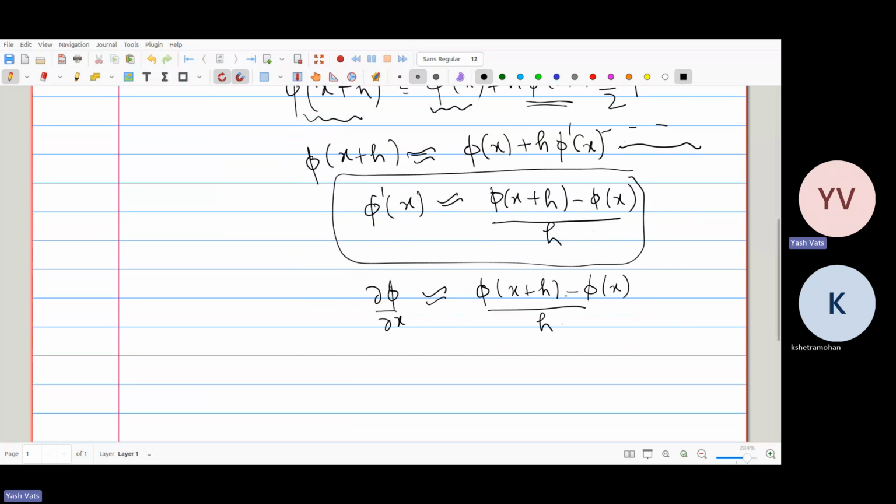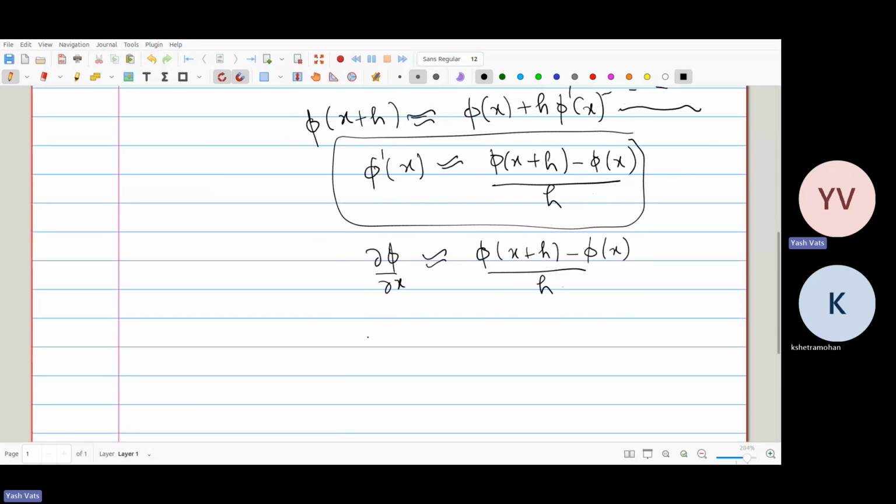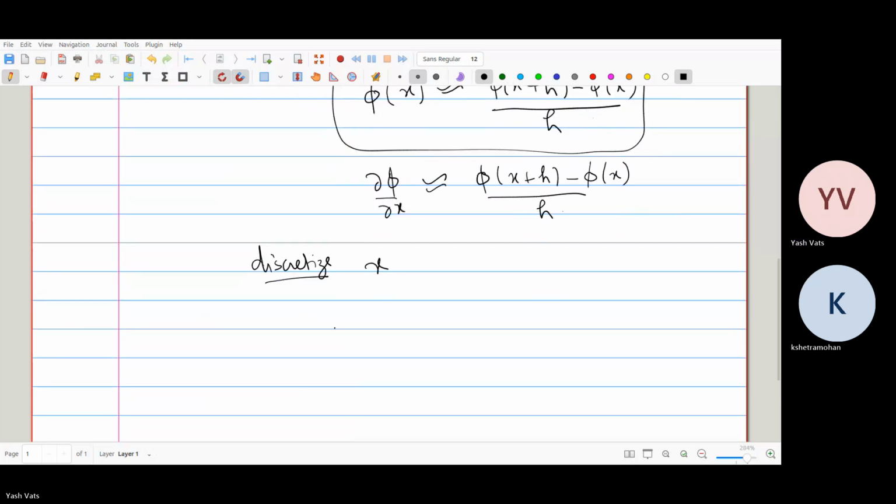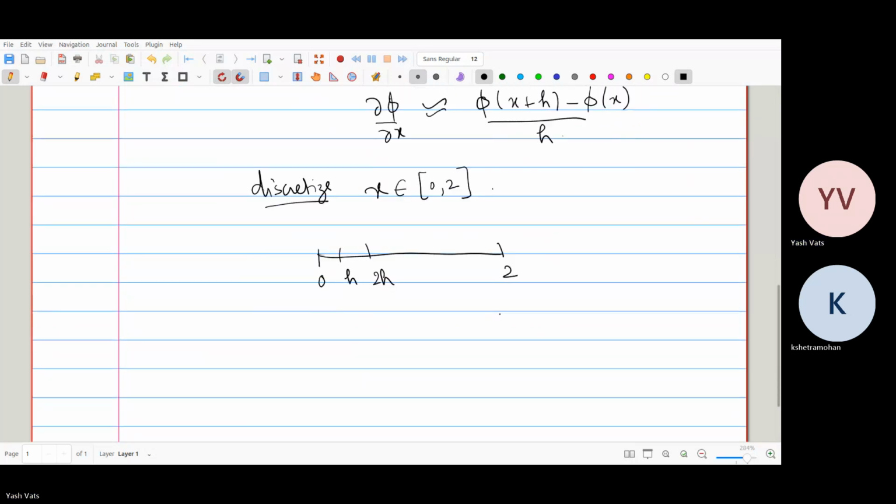Now, if I discretize x, where x belongs from 0 to 2, you discretize like this: 0, h, 2h, and till 2. h can be 1 as well, depending on that, but h is small.